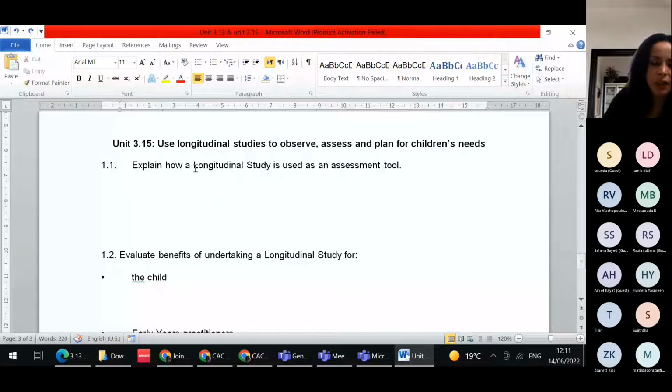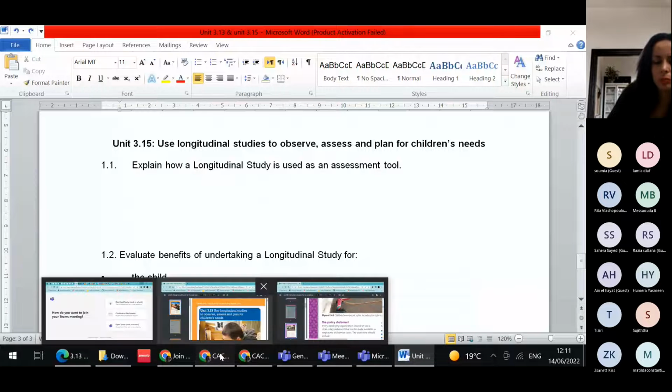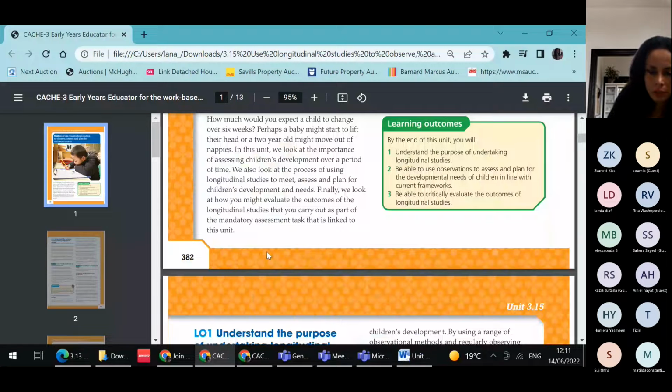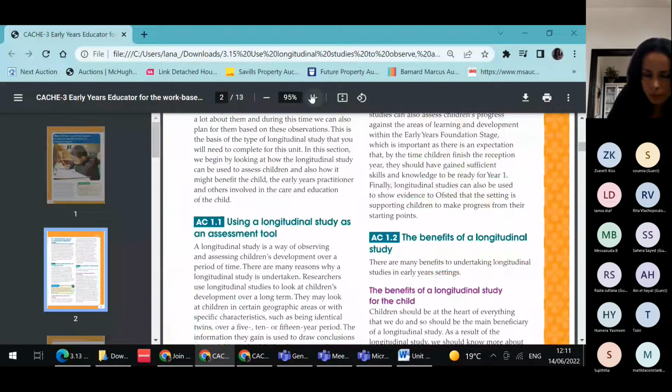So for you as a practitioner, explain how longitudinal study is used as an assessment tool. How you can use this as an assessment tool. Let me just enlarge it.